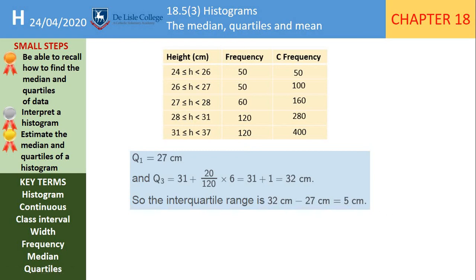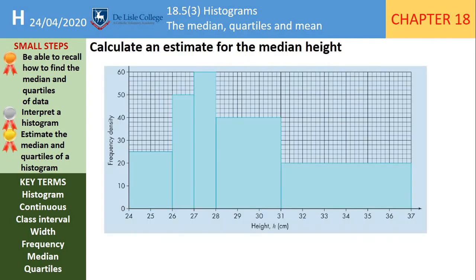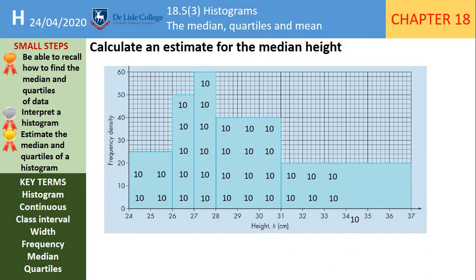If you are confused by this, let's have a look at the diagram as it's much easier to understand. I'm again going to put all the areas onto the histogram. Remember, all of these frequencies, all of these areas totaled 400. So a quarter of the way would be Q1, which is where 100 is.